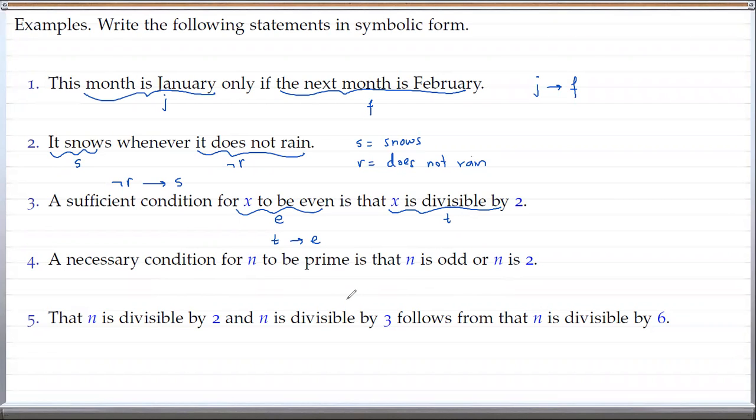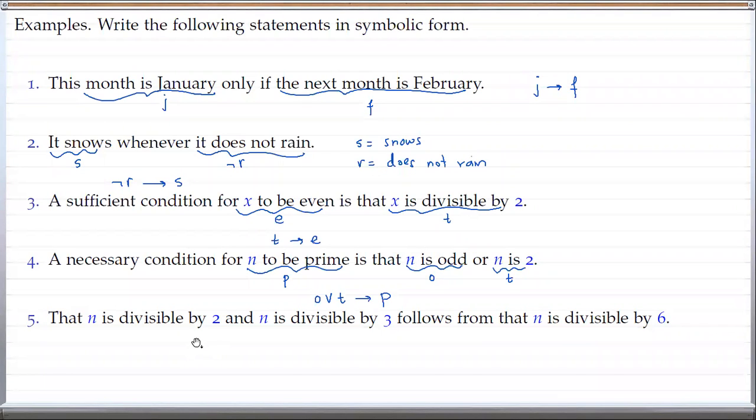Again, we want to figure out which part implies which part. Since these two are necessary for this one, we have this whole thing, n is odd or n is 2, implies n is prime. So if I let this be P, this be O, and this be T, then I can say O or T implies P.